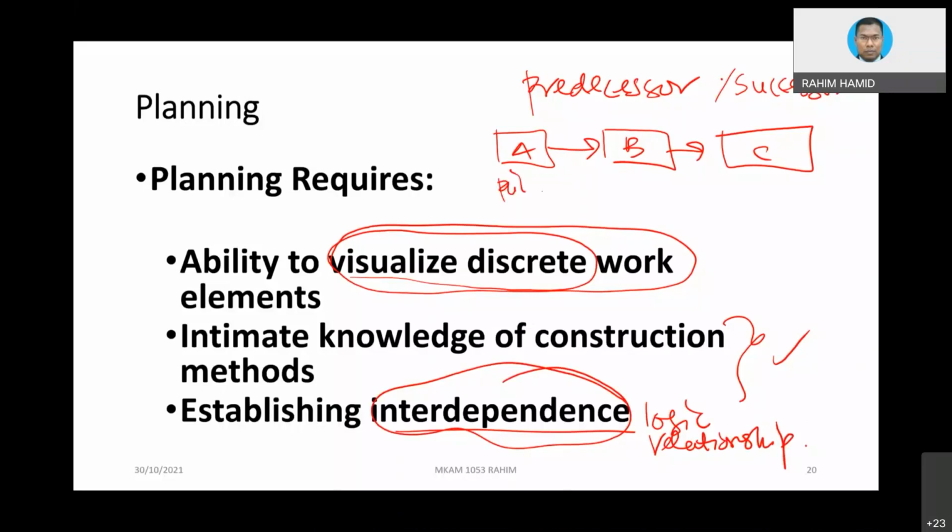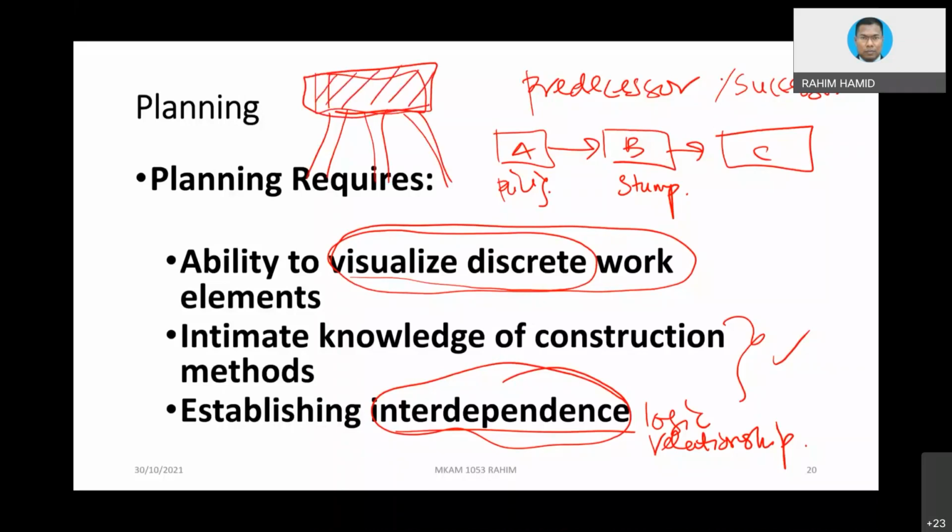Example, piling. Then stump. Stump is something that you build on top of the piling head. After you drive your pile and then you cut off the head of the pile, you would basically put it. So normally it's like this. Your piling could be many piling or single piling. Then you group those things with what we call stump, a big piece of concrete in order to glue those piling together.